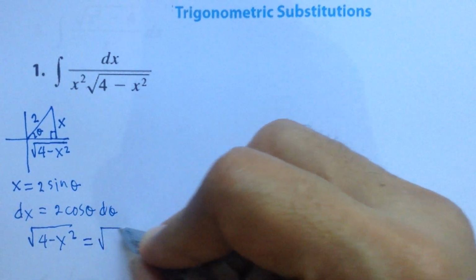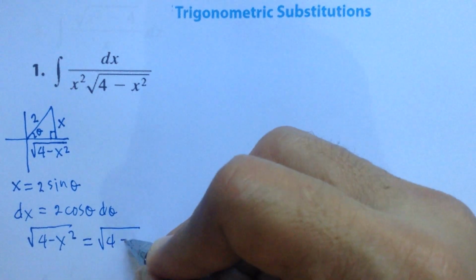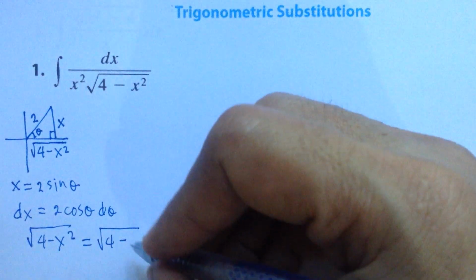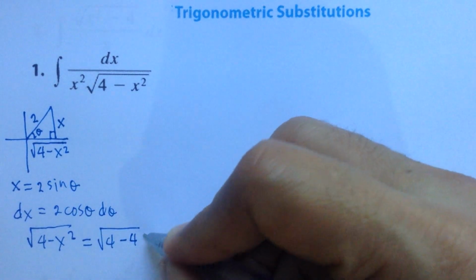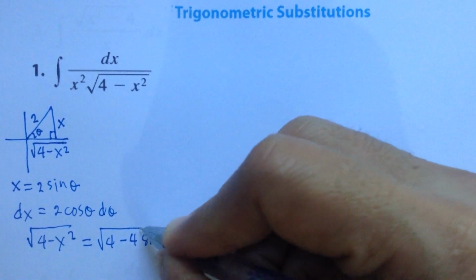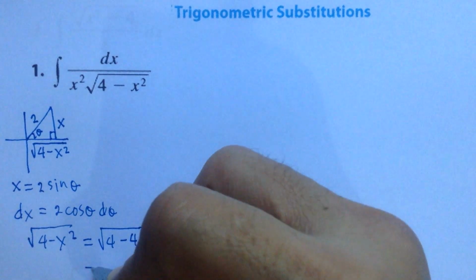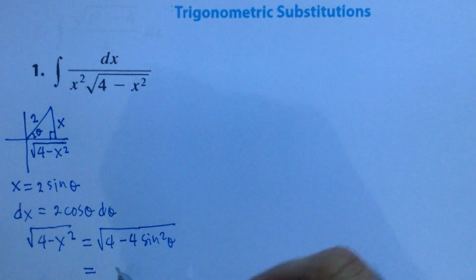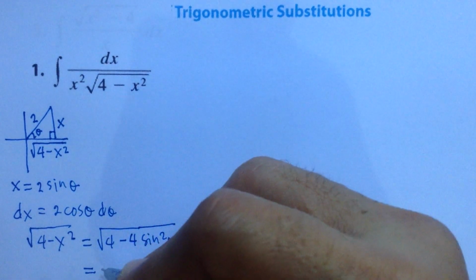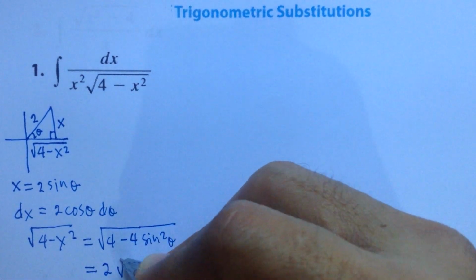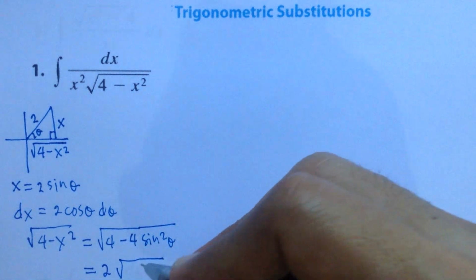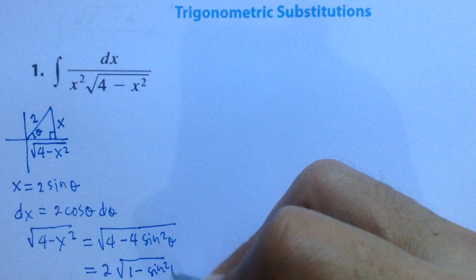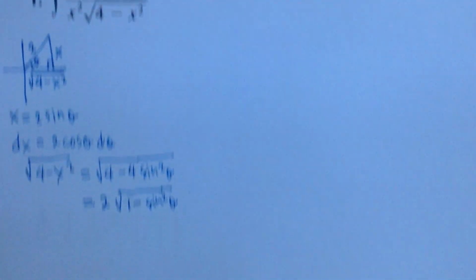We can write that as 4 minus, we know that x is 2 sine theta, so the square of that is 4 sine squared theta. Now 4 is a common factor, and square root of that is 2, so we can put that outside, and you have square root of 1 minus sine squared theta.